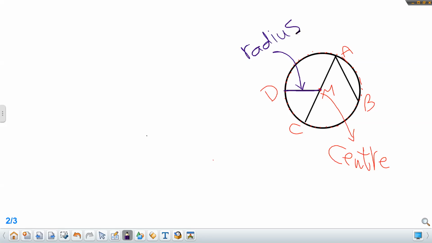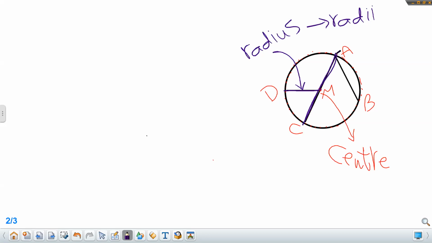So here we can say MD is called a radius, MA is called a radius, MC is called a radius. So we can say MD, MA, and MC are called radii, the plural of radius. Okay, this is number two.